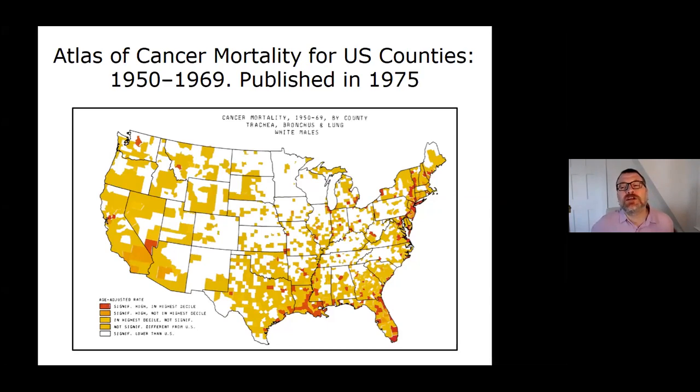And so not only were the maps created, but in many ways the science of how we use spatial information to talk about disease was really pushed forward through this process. And so this is a classic of spatial epidemiology and thinking about how to use mapping.